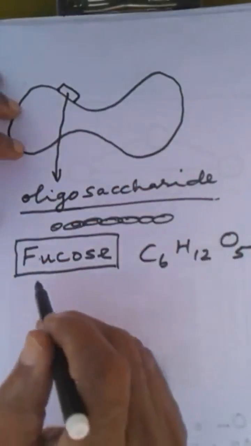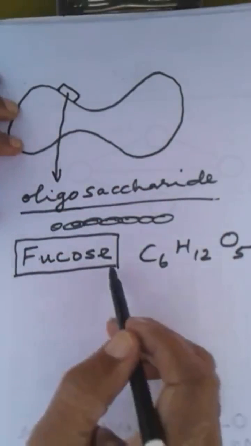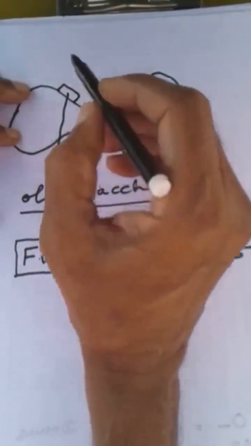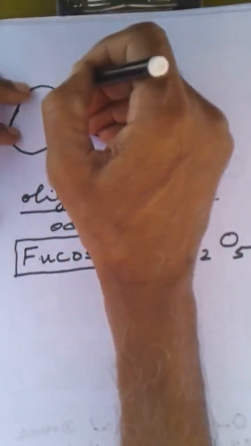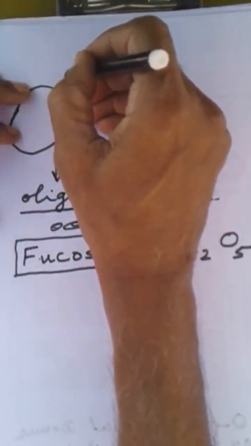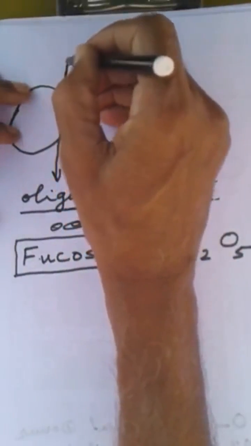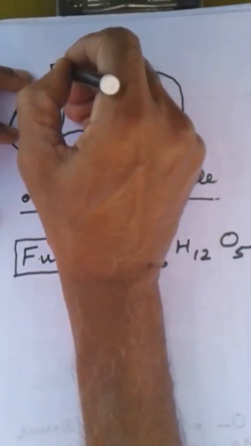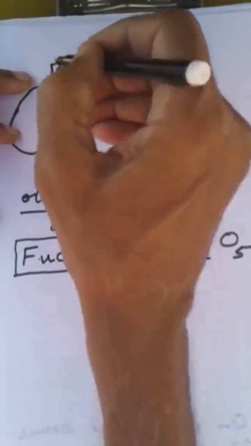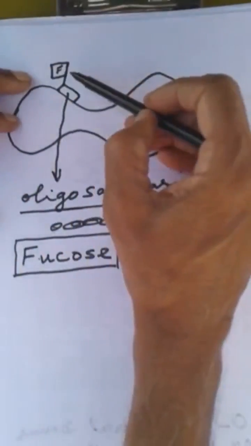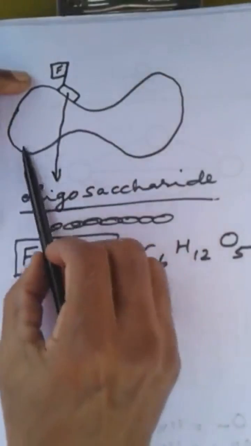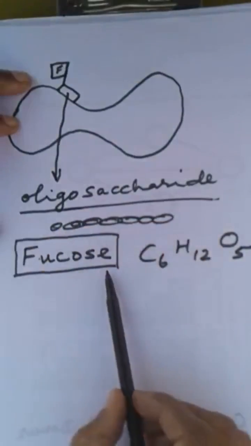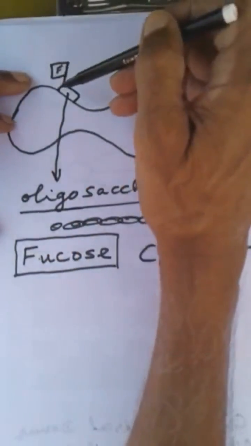But this fucose cannot go and attach by itself. For example, suppose the fucose is coming and attaching here. I will put F. This is the fucose. From inside, somebody has to help the fucose go and attach to this oligosaccharide.